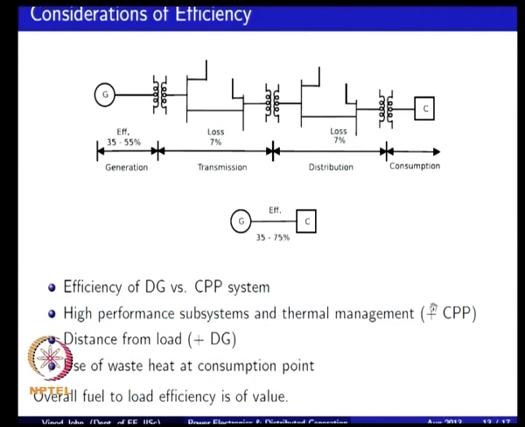So, you have some advantages because of higher performance subsystems and thermal management in the centralized method of generation, but if you are looking at it from a distance point of view, you have definitely advantages for the distributed generation type of sources. And making use of the waste heat at the point of consumption will give you a big boost in terms of increasing your overall efficiency.